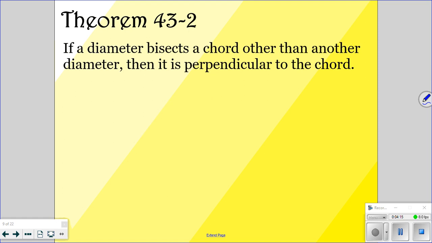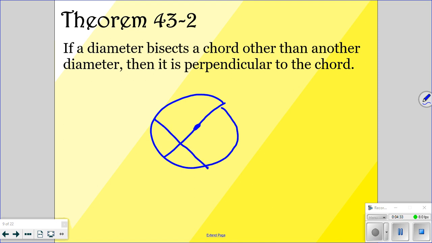And then theorem 43.2 says if a diameter bisects a chord other than the diameter, then it has to be perpendicular to the chord. So if we have a diameter and we know that it bisects a chord that's not the diameter, then this has to be a right angle.